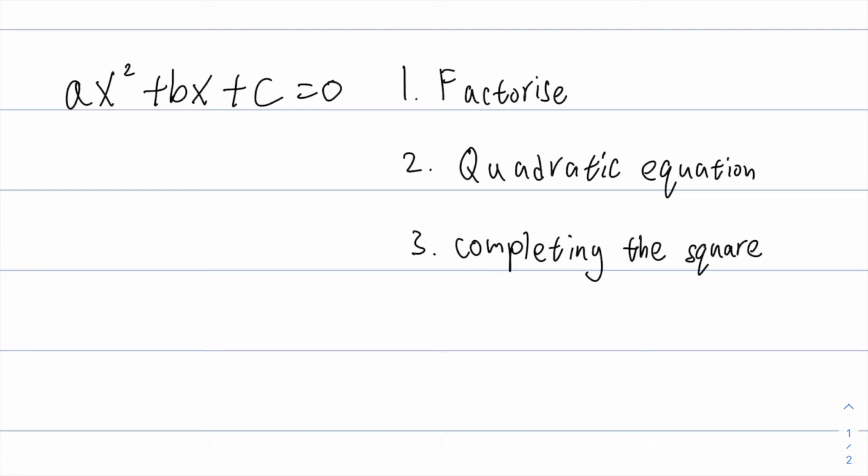The first way is to factorize. For example, there will be x times x plus 2 maybe, and that's equal to 0.